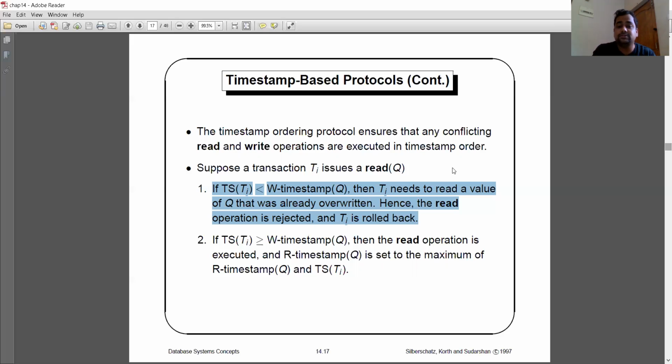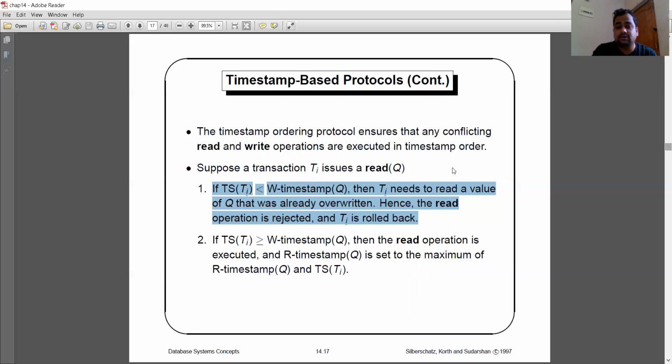Always remember, if it is a read operation, it has to be compared with the write timestamp value. If it is a write operation, it has to be compared with the read timestamp values. Just the reverse way: read operation, write timestamp; write operation, read timestamp. So the operation here is read, so we have to compare with the write timestamp.